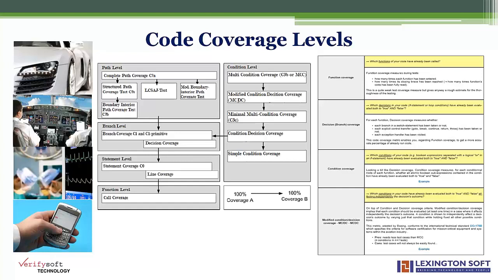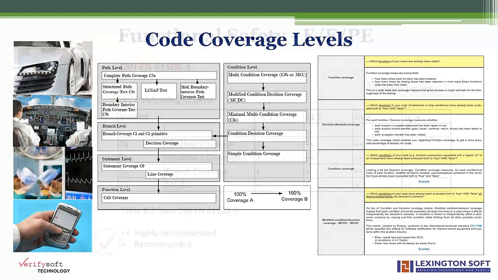And to add to the complexity, each condition in a decision is also shown to independently affect the outcome of the decision. So you can see it's fairly complex, and if you look at how all this relates to safety standards, the highest coverage levels represented in this box require all of the more complex coverage levels, which is MCDC coverage, condition coverage, as well as decision coverage.